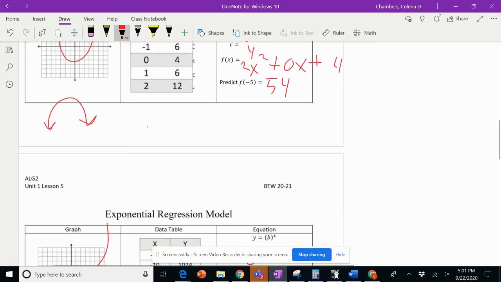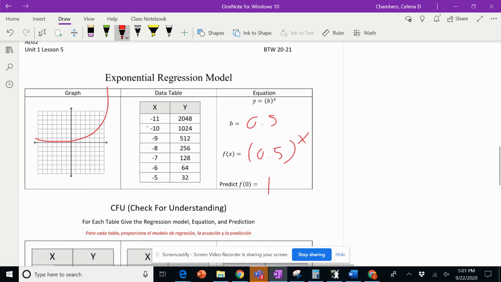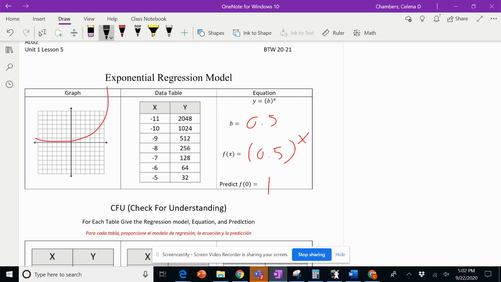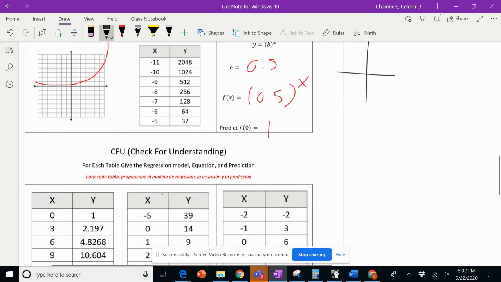And for exponential, there can be different types of graphs. So you can have this one, or it can go the other way, or it can be upside down. So let me draw those different types of graphs real quick before I end the notes.